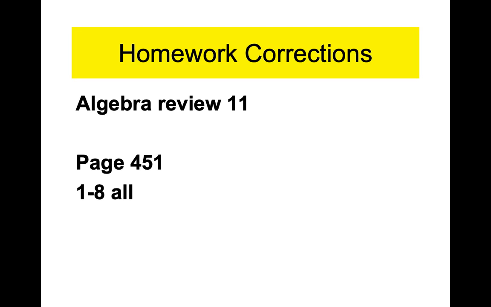All right, bridge papers, here we go. Number 1, 4/3 pi. Number 2, 63 pi. Number 3, 32 pi. We did that one in class, if I remember right. Number 4, 288 pi.